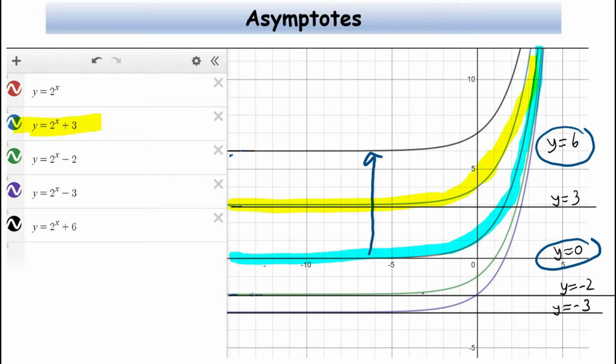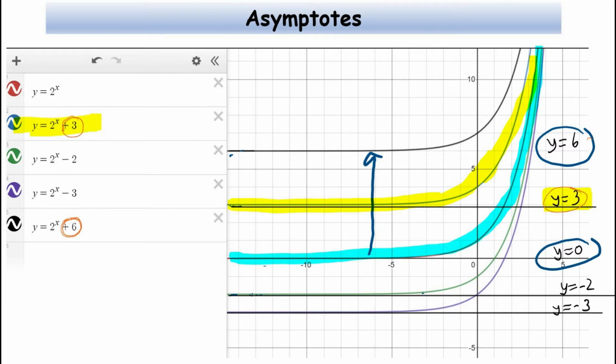And you can see that the asymptote is y equals 3. All right, what do you notice from these two? The last thing that was added to the function, that constant added to the function, is the asymptote.